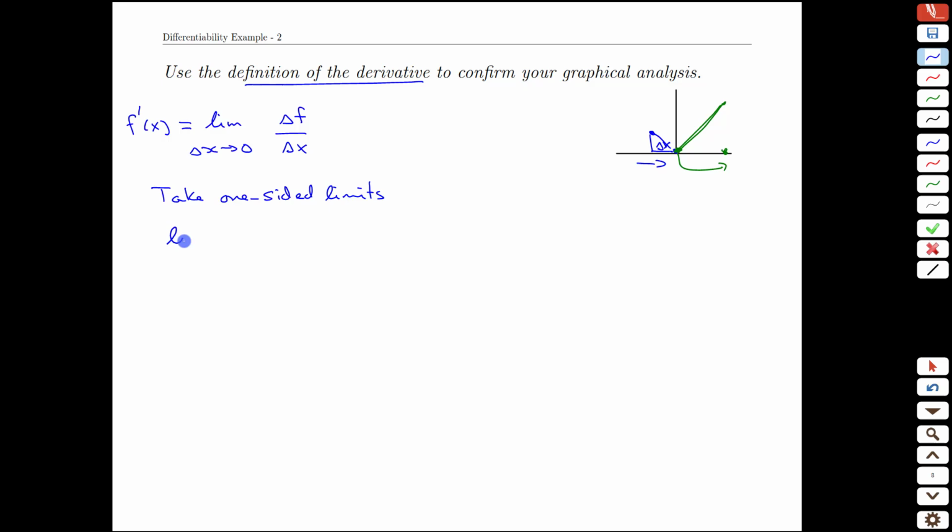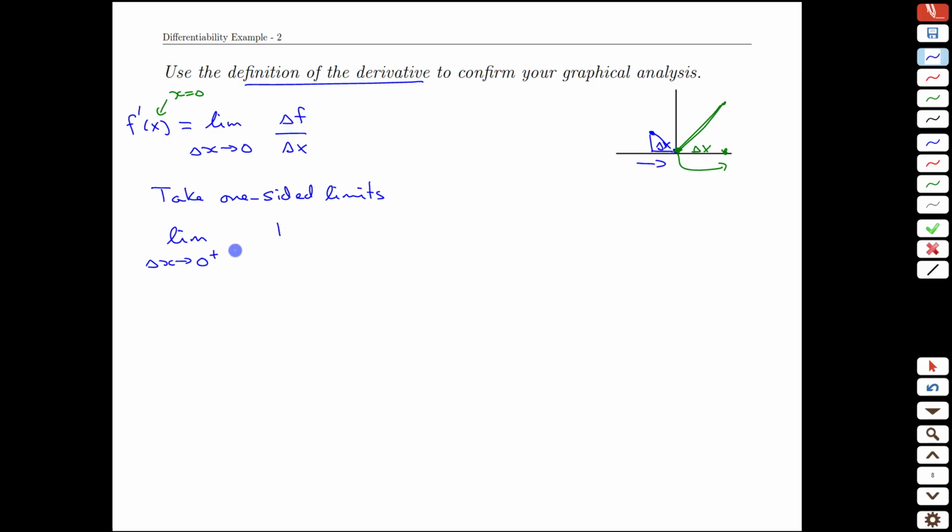So let's take, first off, delta x going towards 0 from the positive values. So what that means is we're talking about a delta x in this range here. And then what are we comparing? Well, we want to do this at the point x equals 0. Our change in f, how does our function change?